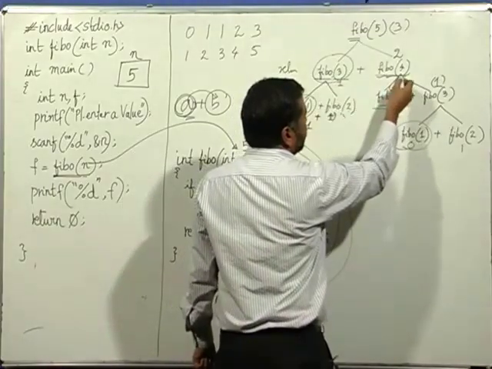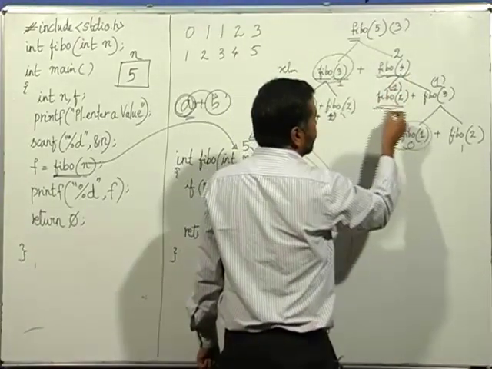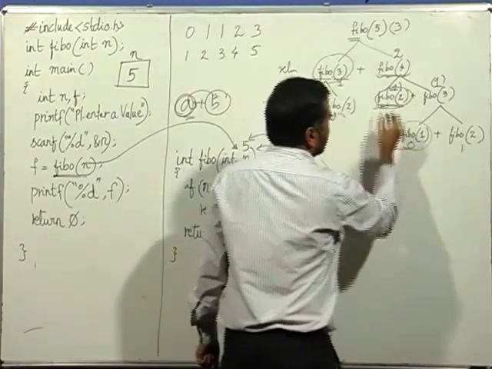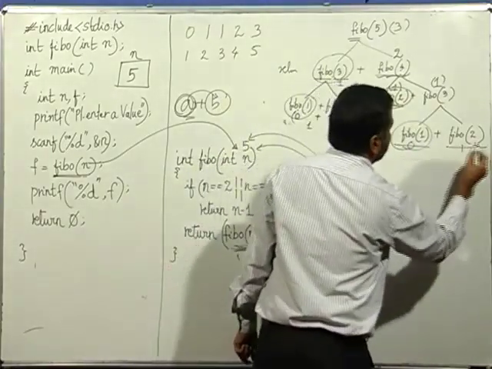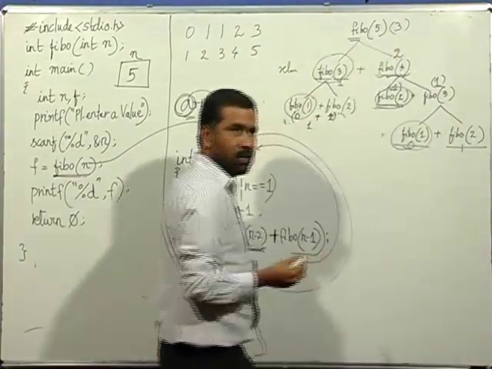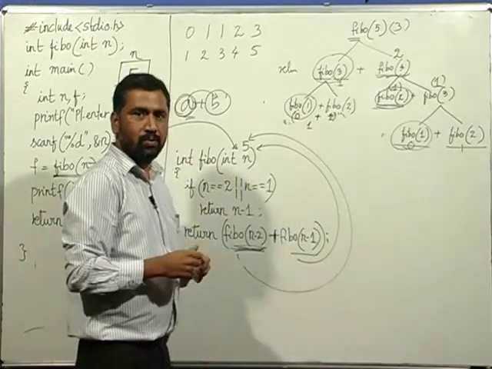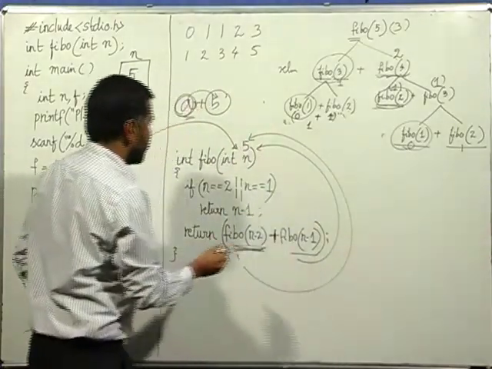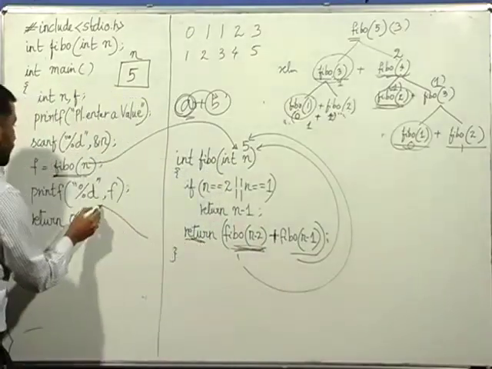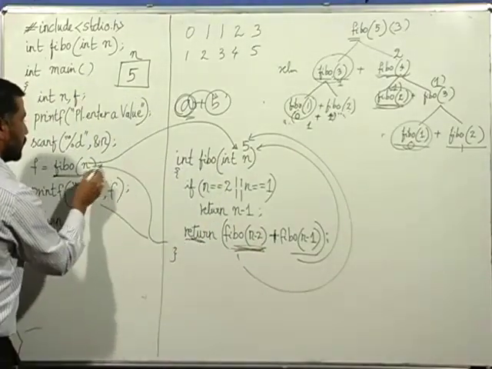Then of course, in order to do this, it has to find out, so the next this, next this, next this. Once it comes here, it is added, comes back, those two will be added, and finally the value goes back to the function of fibbo 5. So finally this particular value will be returned back to this place.